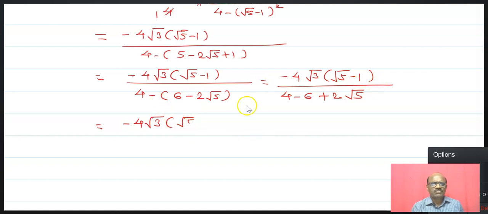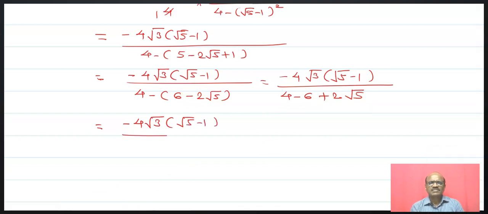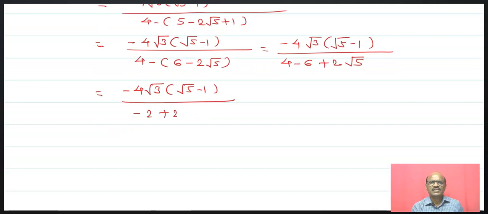Now we have opened the bracket and it has become minus 6 and plus 2 root 5. Now next, that is minus 4 root 3 in bracket root of 5 minus 1, 4 minus 6 becomes minus 2 plus 2 root of 5.